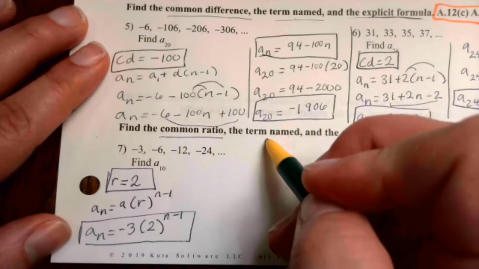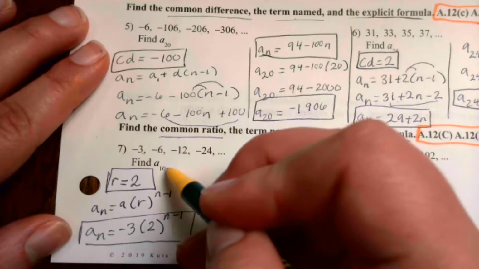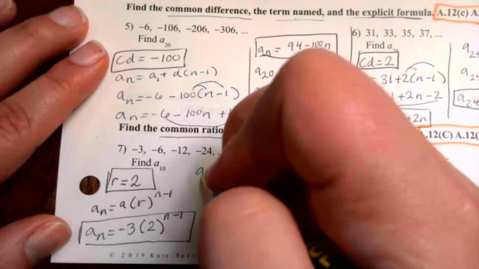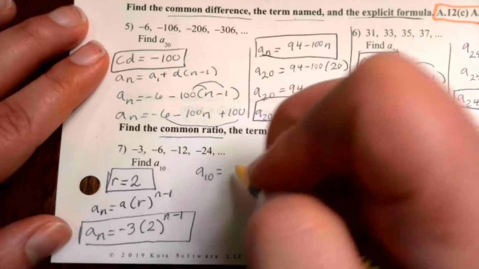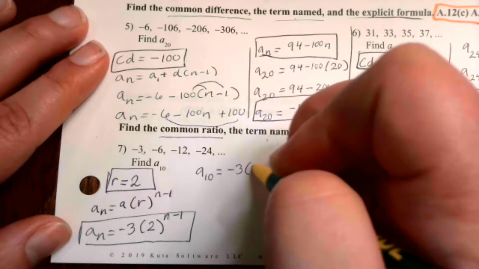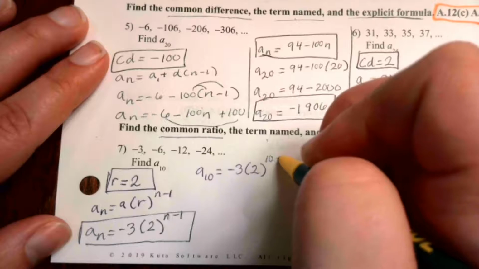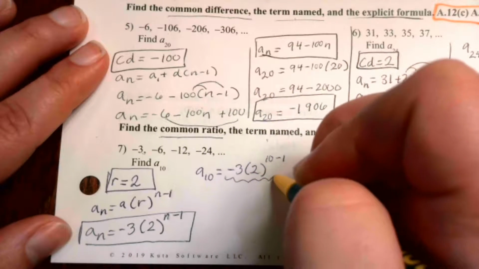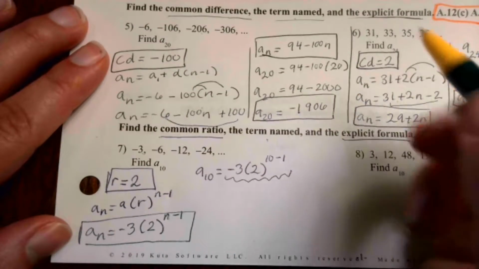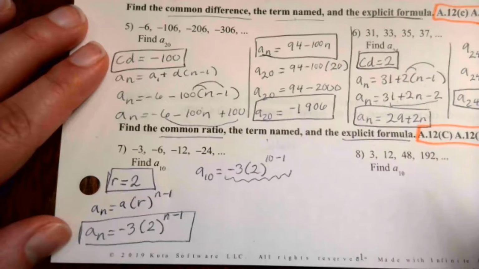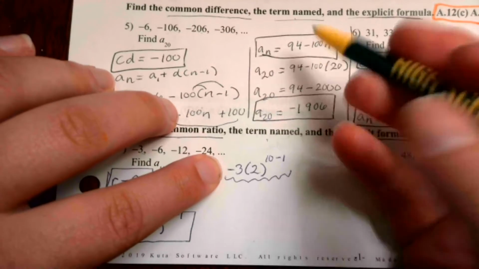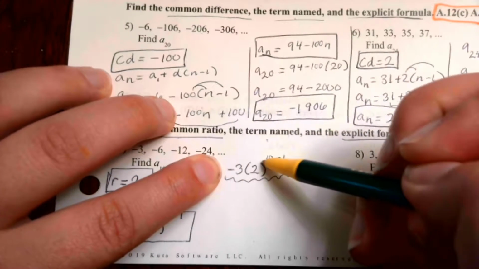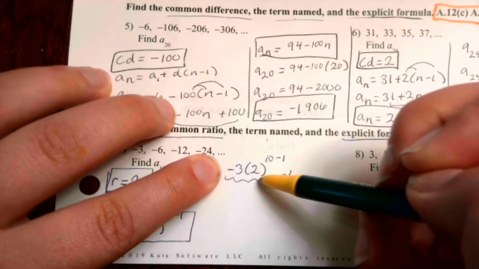I now need to find the term named. I'm going to plug in 10. A sub 10 is equal to negative 3 times 2 to the 10 minus 1. Put just this part in your calculator. You don't need menu anything. If you put menu something in, it will not work. You're going to put in negative 3 parenthesis 2 parenthesis.